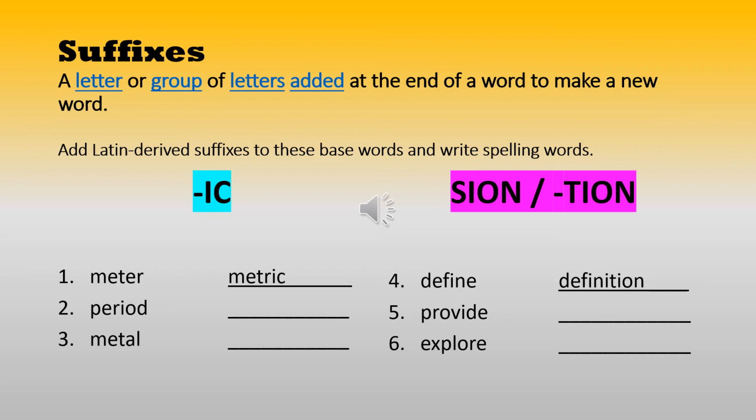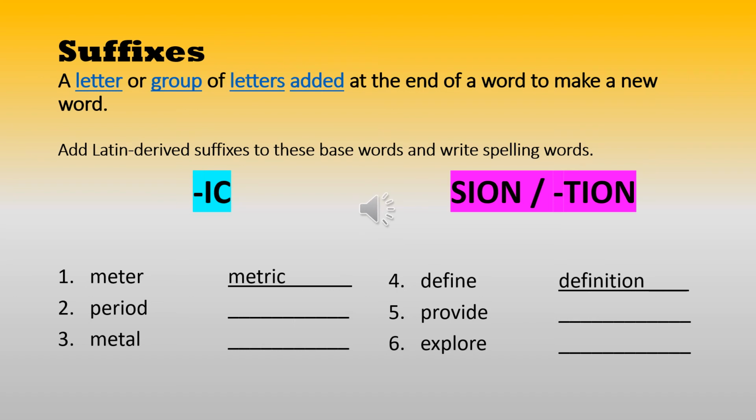So let's start with number 1, 2, and 3. The instructions say that we need to add the suffix IC. The suffix IC is going to be added to the word meter.